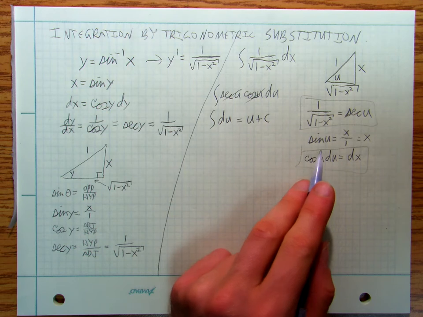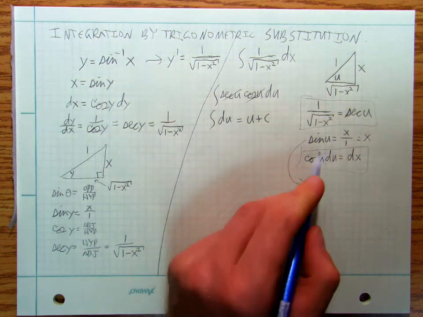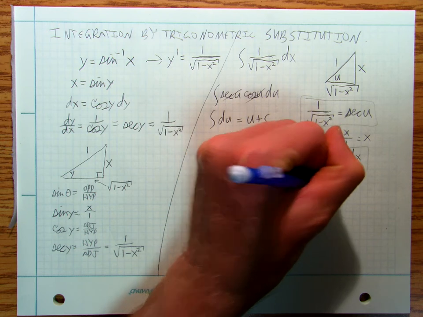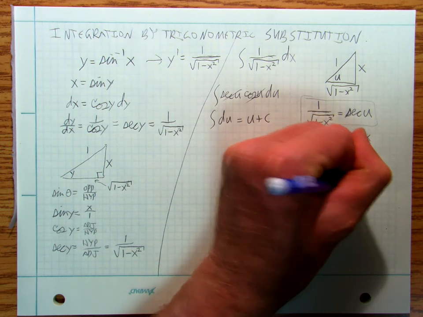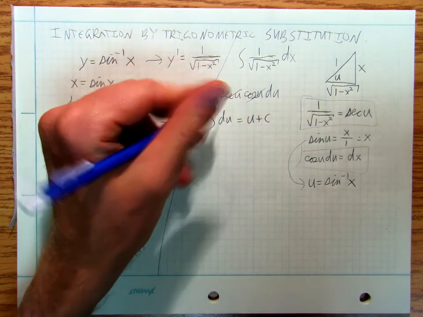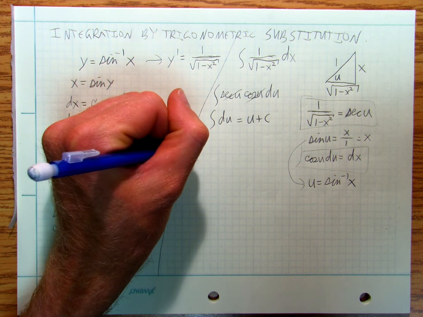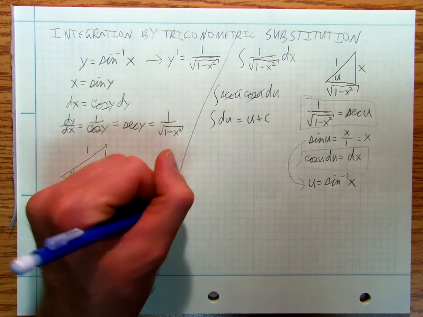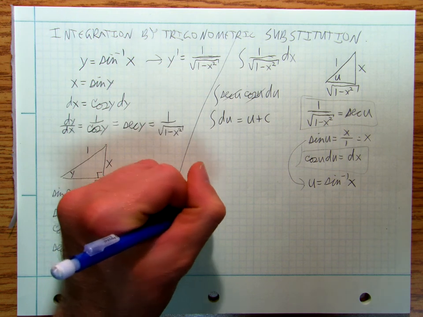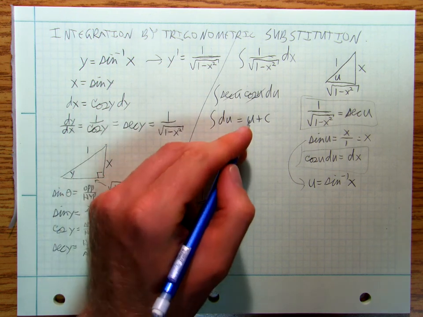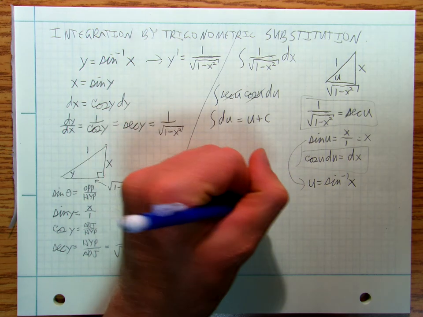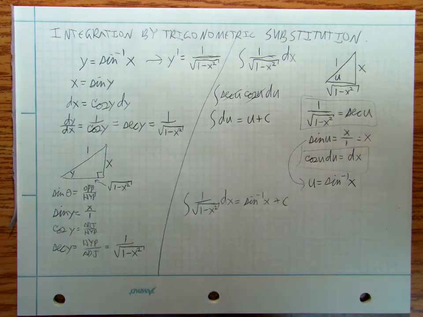And then I remembered that sine u is x, so u equals sine inverse of x. And so then I end up right back where I started. So I say that the integral of 1 over square root of 1 minus x squared dx is equal to u, which is sine inverse of x, plus c.